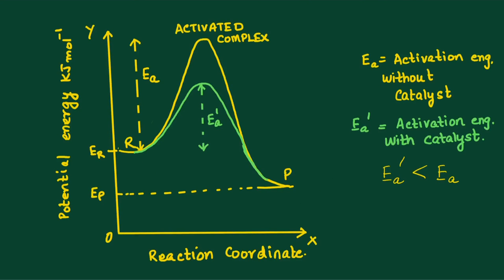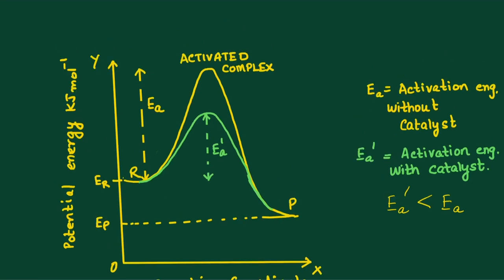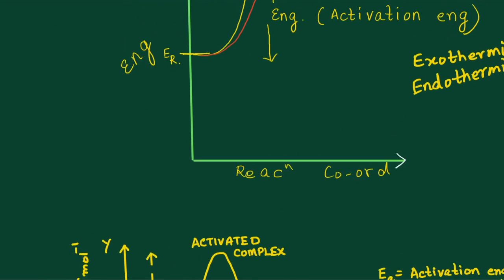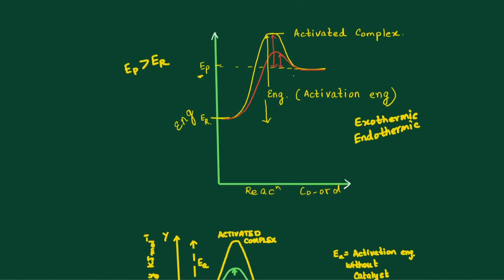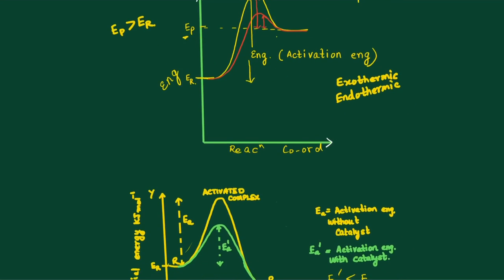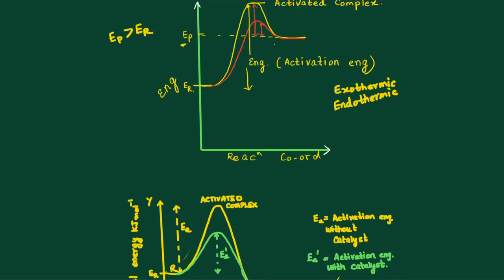Okay, I had asked you a question. Which one of these graphs represents an exothermic reaction and which of these represents an endothermic process? Can you tell me? The top graph would be, yes, it represents an endothermic process because the energy of the products is greater than the energy of the reactants. That means overall, your reaction mixture has ended up with more energy.